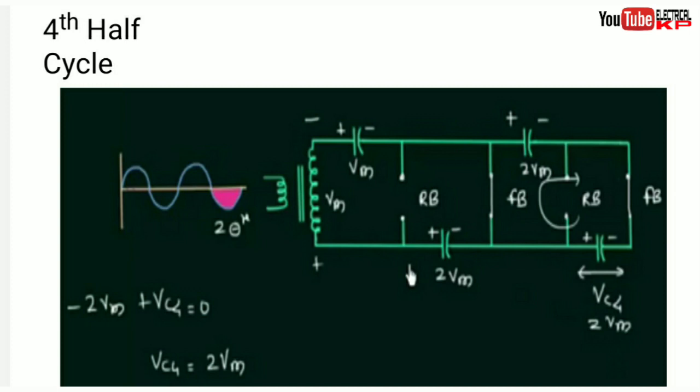During this half cycle, capacitor C4 will be charged because diode D4 is in forward bias condition, and D1 and D3 are in reverse bias condition. So the voltage across capacitor C4 will be the same as that of capacitor C3, that is 2 times Vm, where Vm is the supply voltage.